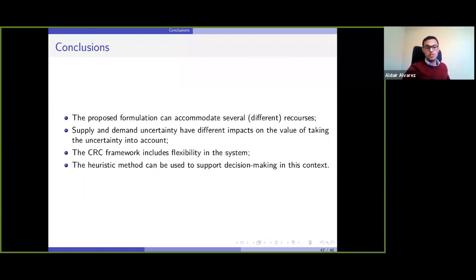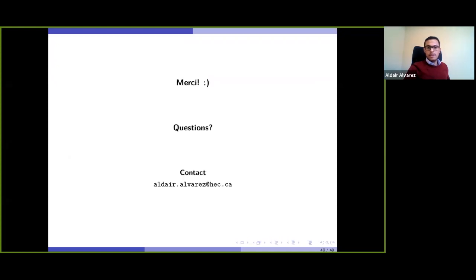However, these contracting decisions need to be made in a very careful way. Otherwise, the consequences might not be nice. And we proposed a heuristic method that can be used as a support tool to make decisions in practice in this context.